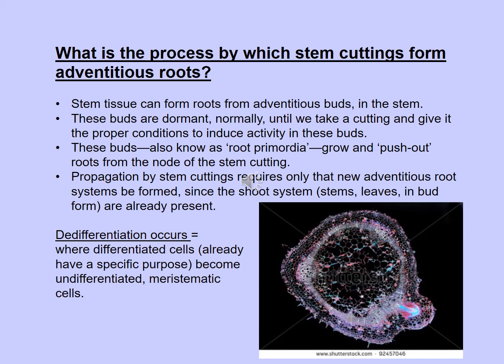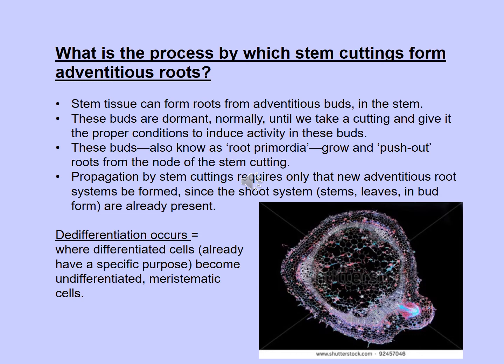Those buds are normally dormant until we take a cutting and give it proper conditions like heat and some moisture and sometimes rooting hormone too, and those normally dormant buds become activated, and they push out these little pieces of tissue called root primordia. They're just early roots, and they start to grow roots from what was once stem tissue. You can see one in the bottom right corner of that image. That's the root primordia starting to divide and make roots off of what was stem tissue.